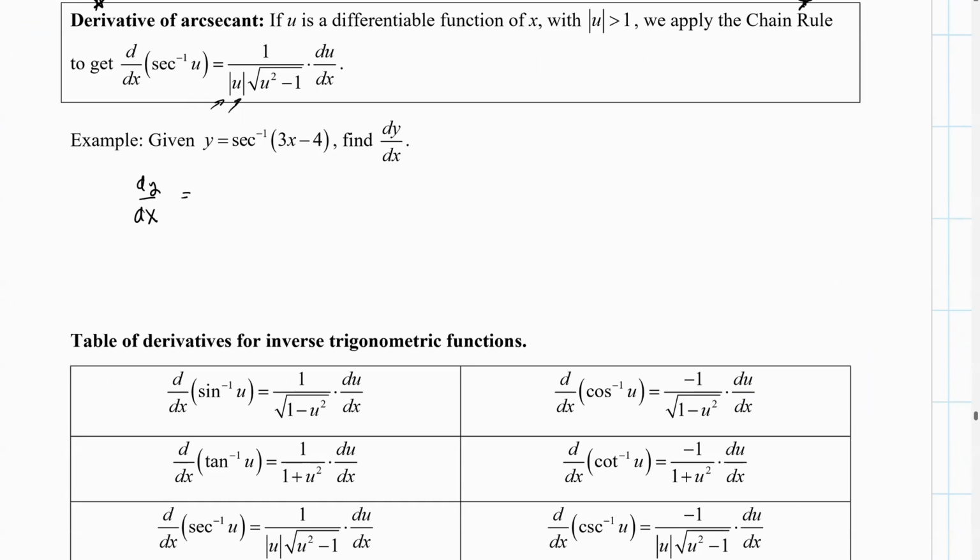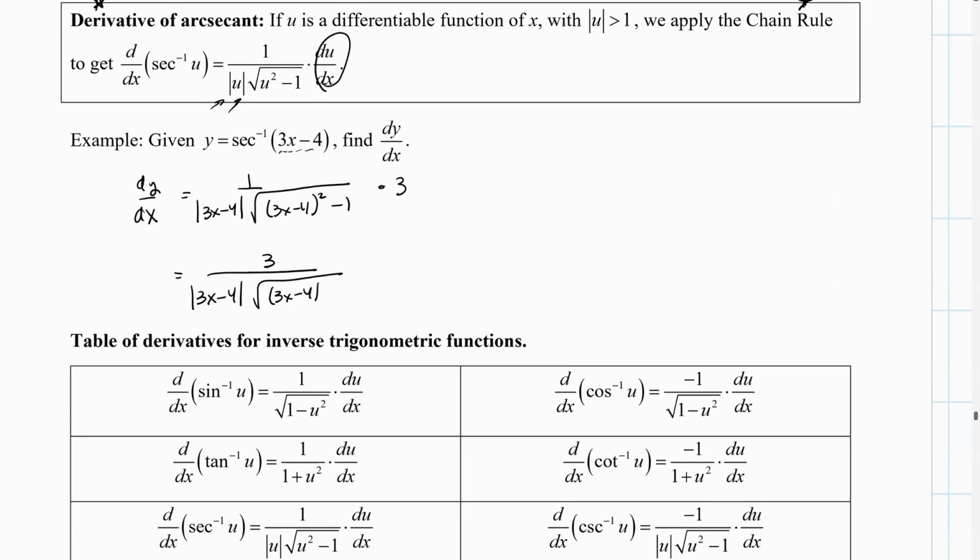It will be 1 over the absolute value of 3x minus 4 times the square root of (3x minus 4) squared minus 1. And then multiply it by that chain rule. What's the chain here? The derivative of the inside? It's 3. So how about 3 over the absolute value of 3x minus 4 times the square root of (3x minus 4) squared minus 1, and again, I'm not going to expand that. There we go. There's our answer.